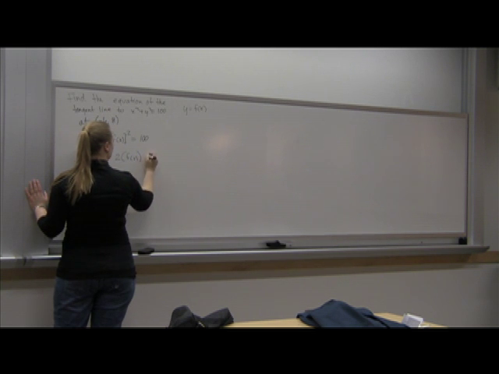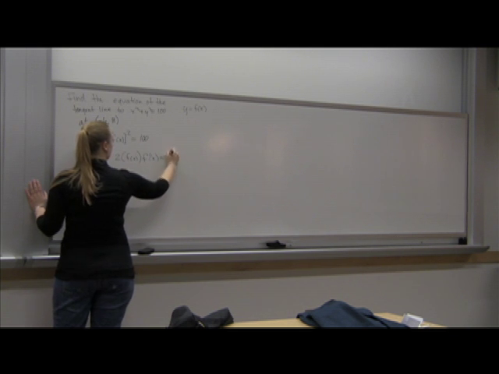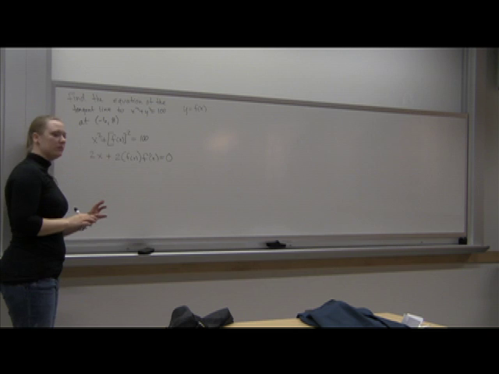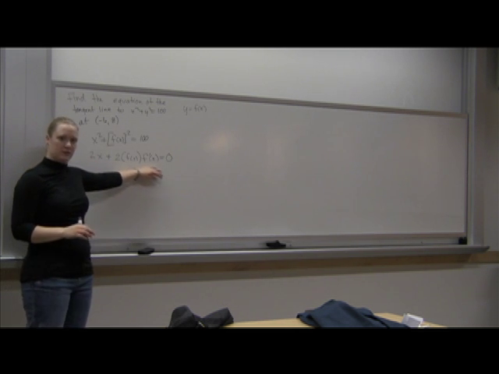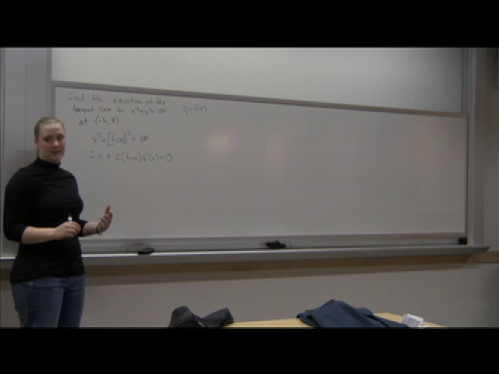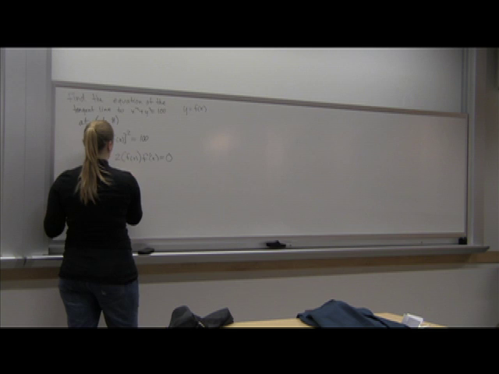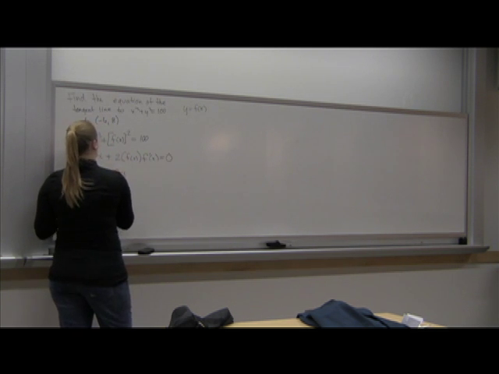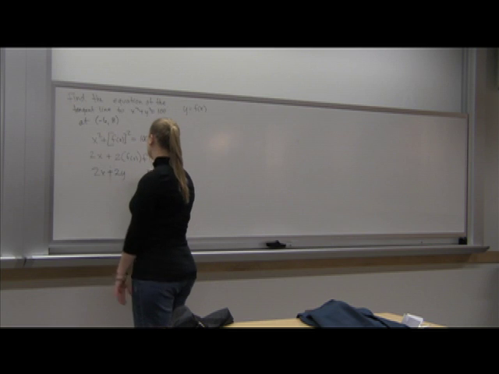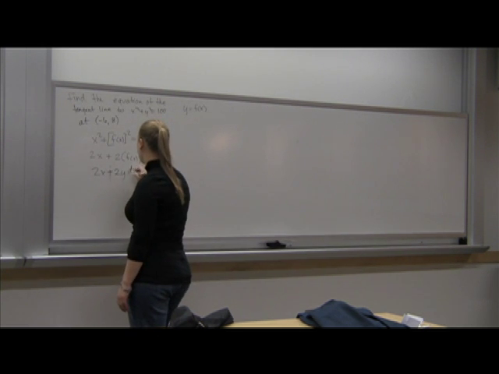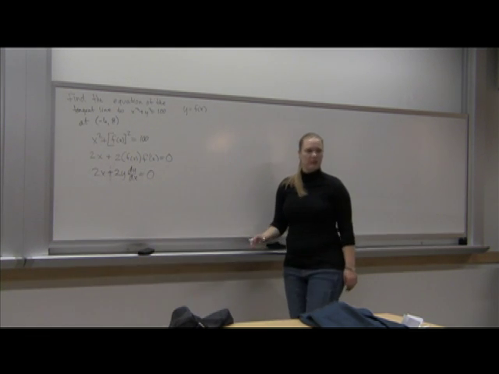Derivative of the power, derivative of the inside is f prime of x, and derivative of 100 is 0. Now, is everyone okay with that? Yeah. Now we're just going to put it back in the symbols that they use. They say f of x is y, and then they say the f prime of x is dy dx. That's all that they do.